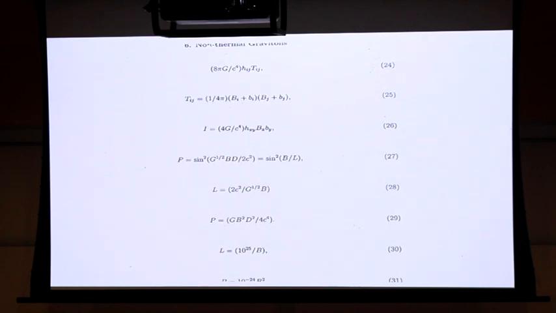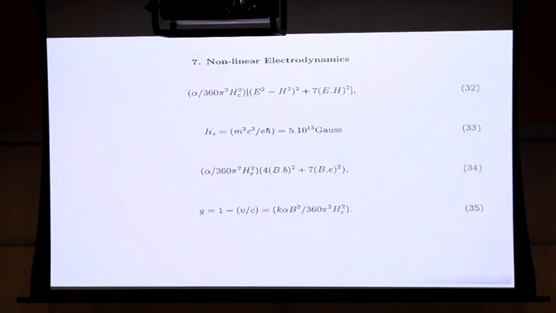But then there comes a fatal flaw into this argument too: nonlinear electrodynamics. It turns out that the Maxwell field, after all, is not linear. And this was, in fact, the discovery of Euler and Heisenberg already in 1936. It's one of the most beautiful things that Heisenberg did when he was still a scientist.